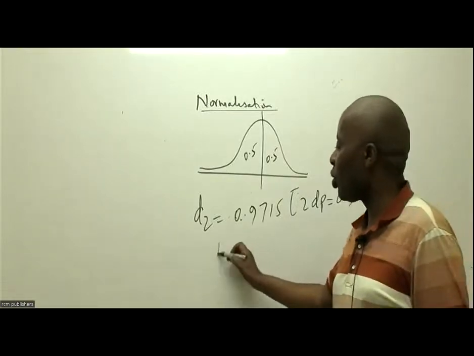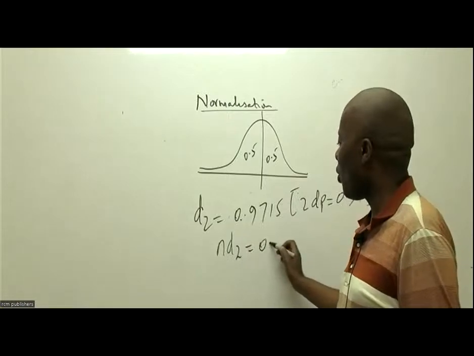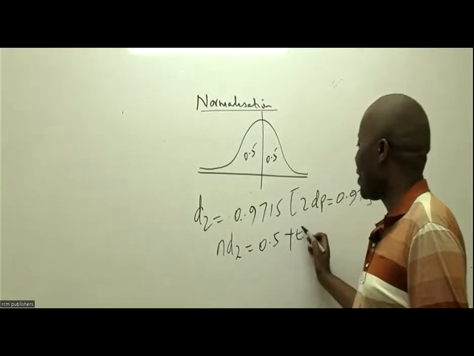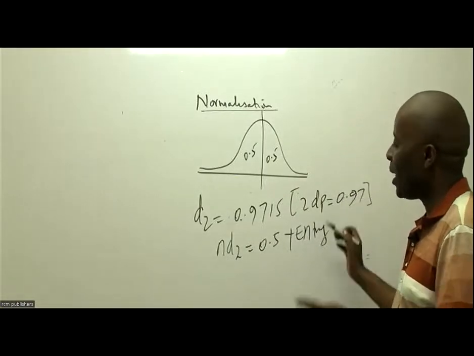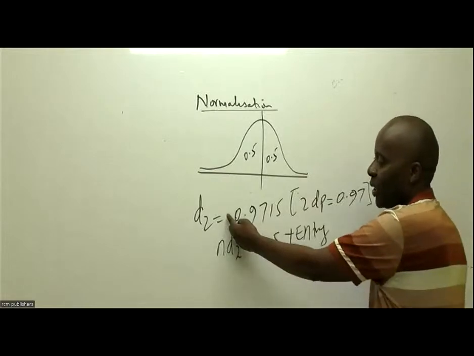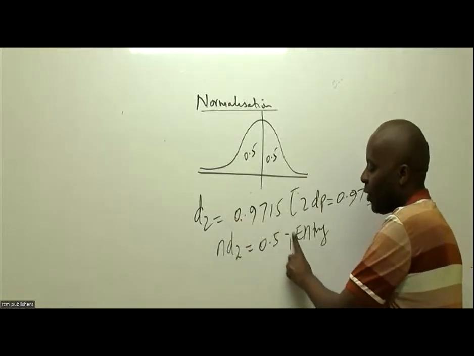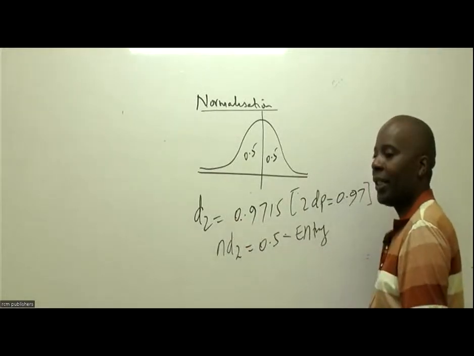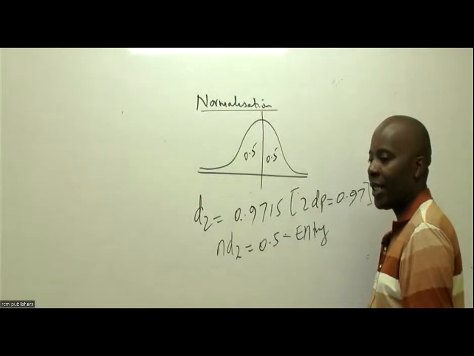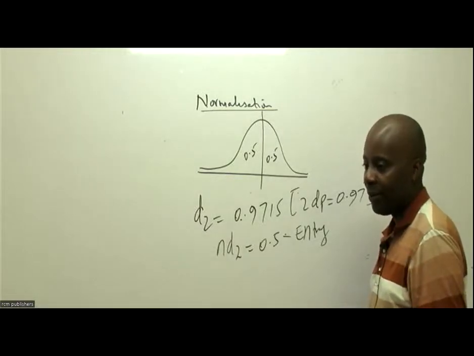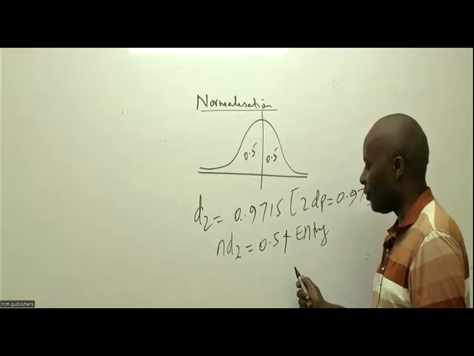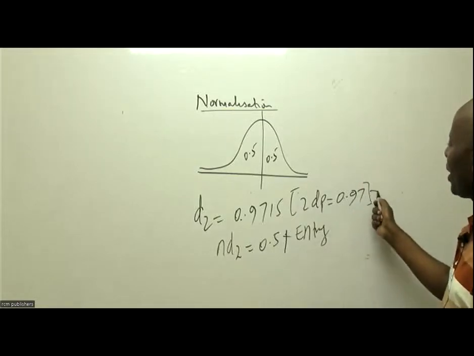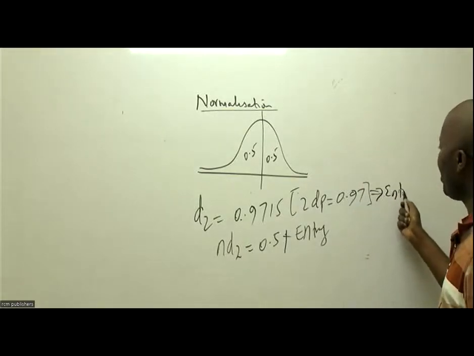Now, when I go to ND2, I'll talk of 0.5 plus the entry that I get. Bernard up there asked, what if this was negative? I would have said 0.5 minus the entry. But fortunately, this one is positive. So for this 0.97, are you able to get the entry from the table?